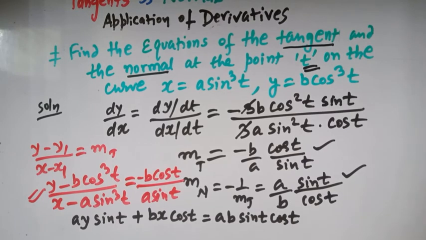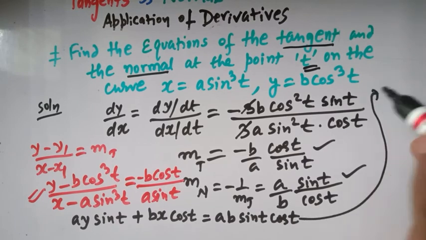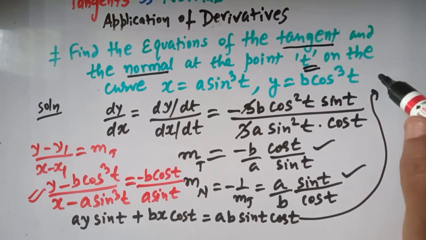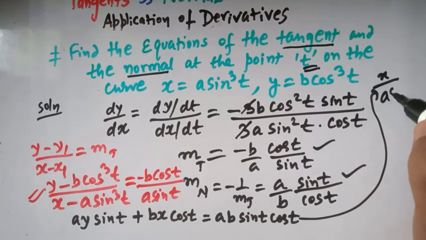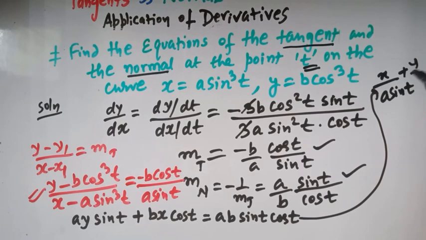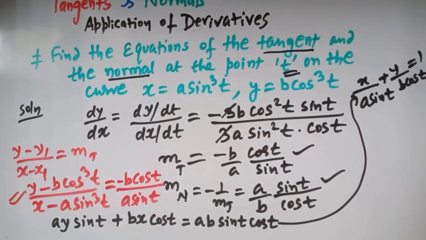Now this can be further written as x over (a sin t) plus y over (b cos t) equal to 1. Okay, so this is left as an exercise for you.